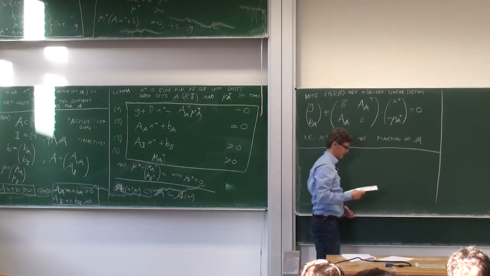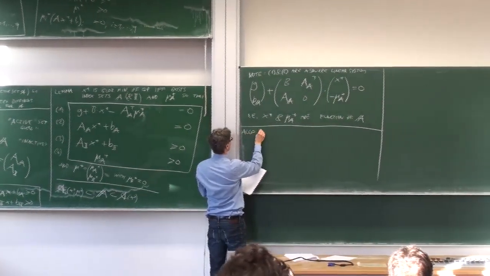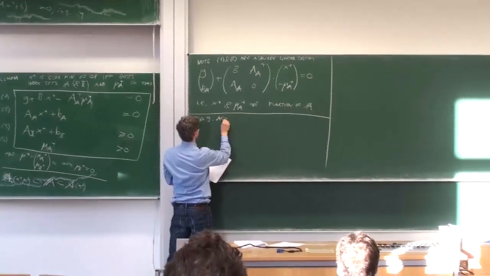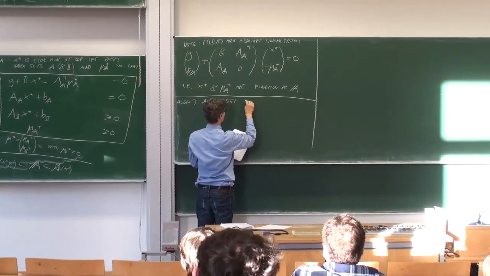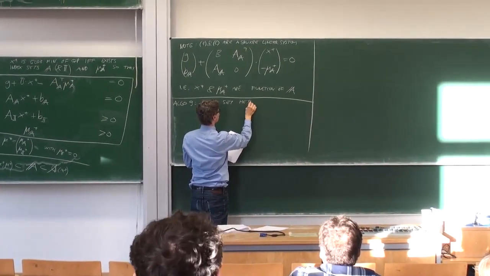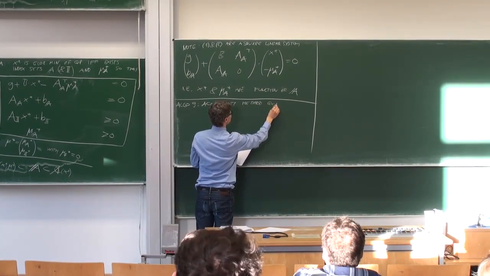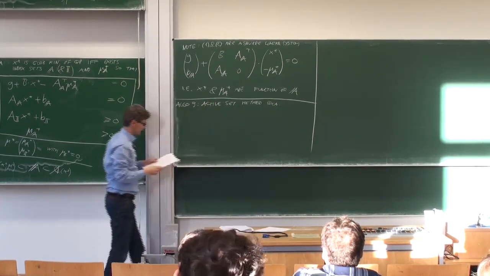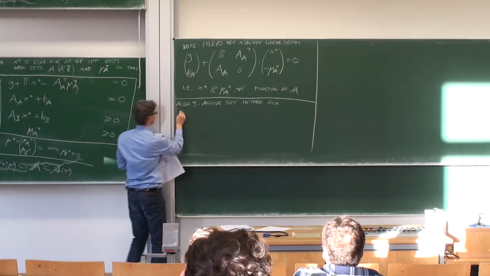So let me state what we call algorithm 9, the active set method. The basic idea: it will choose a set A somehow.